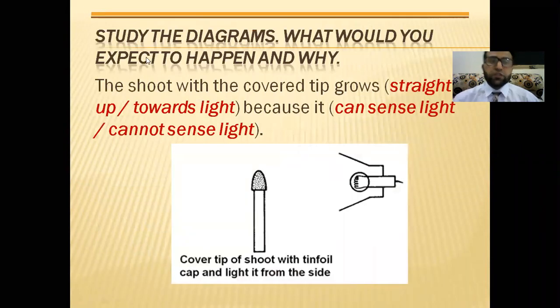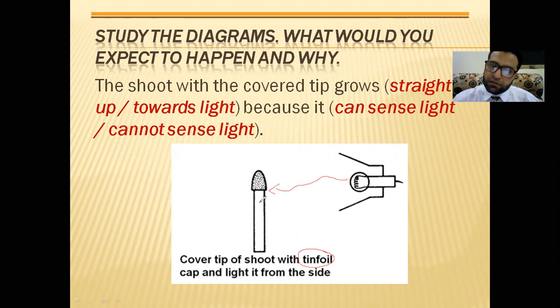All right. So the shoot with the covered tip, it's an experiment. For example, we have this shoot with the tip covered with thin foil, and the light is coming from one direction. So what should be the response of this shoot? The tip of the shoot is covered with thin foil.